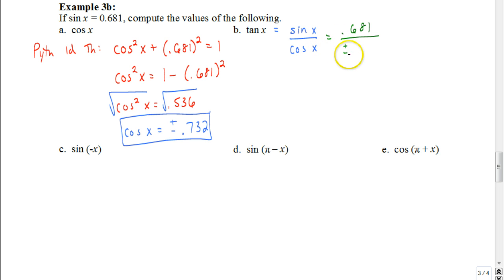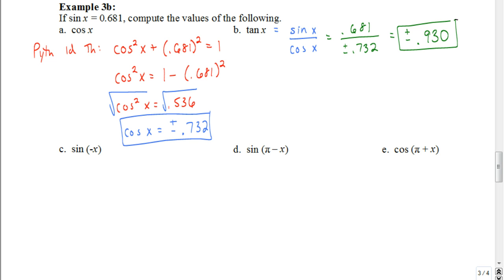It could be plus or minus 0.732. So that means when I divide these out, I'm going to have two possible solutions for my answer. I could have a plus or minus, because 0.681 divided by a positive 0.732 is going to be 0.930. But then if we divide by a negative 0.732, it's going to be a negative 0.930. So our answer would be plus or minus 0.930.